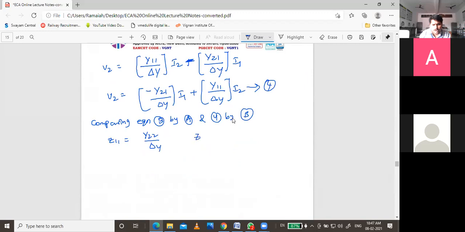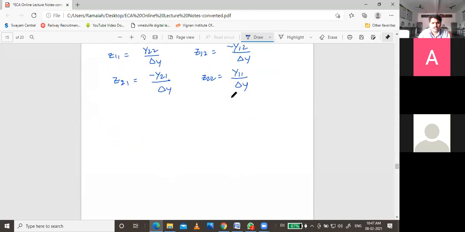Next, Z12 equal to minus y12 by delta y. Next, by comparing equation 4 with equation B, Z21 equal to minus y21 by delta y. Next, Z22 equal to y11 by delta y. So these are the equations we got.